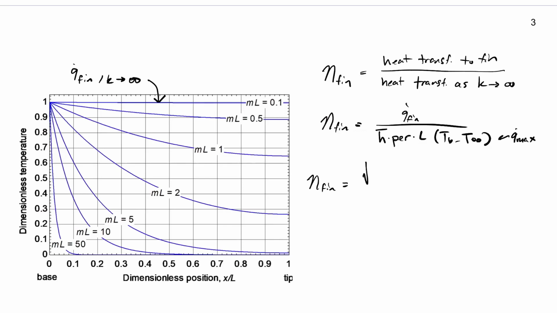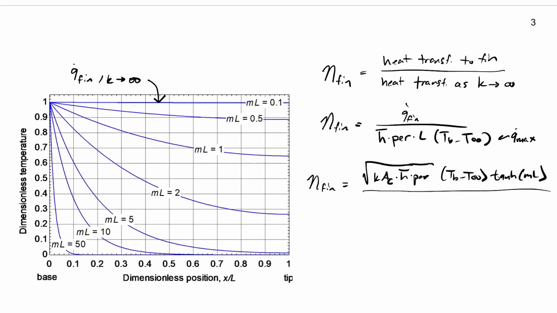It's the square root of k A_c times h bar times perimeter times T_b minus T infinity times tanh of mL, divided by h bar times perimeter times L times T_b minus T infinity, and that's our fin efficiency.